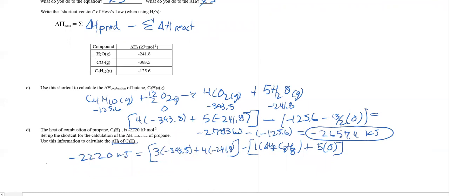So this gives me negative 2,220 kilojoules is equal to 3 times negative 393.5 plus 4 times negative 241.8, negative 2,147.7 kilojoules minus delta HF of our C3H8. So I'm going to move this term over.